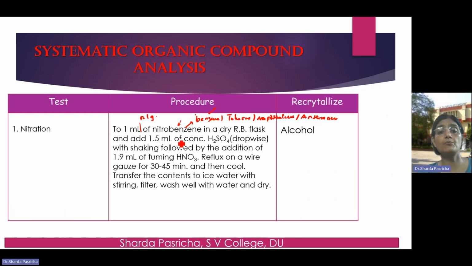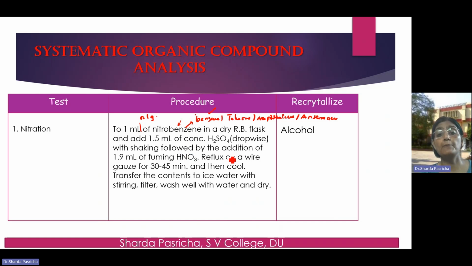In a dry round bottom flask, you have to add 1.5 ml of concentrated sulfuric acid dropwise with shaking. And when you are adding sulfuric acid, please cool the round bottom flask in a cold water bath. Follow this by dropwise addition of 1.9 ml of fuming nitric acid.